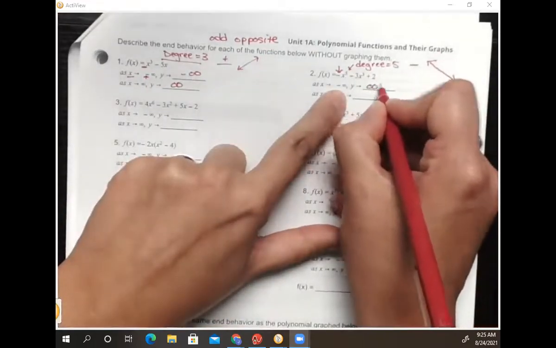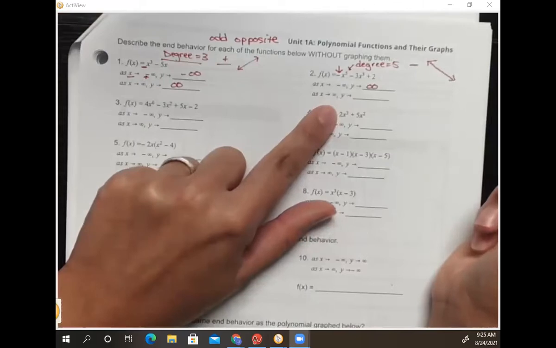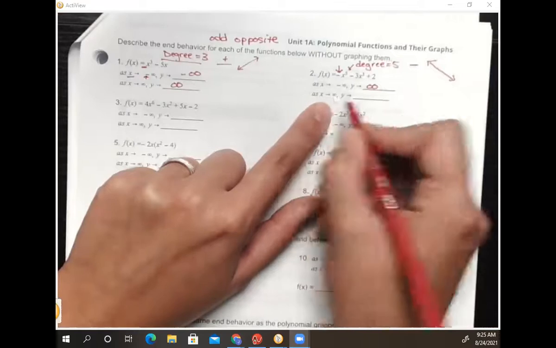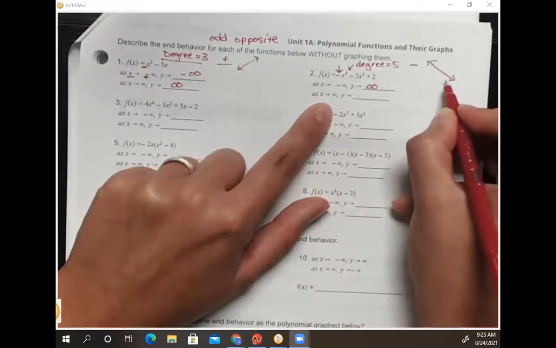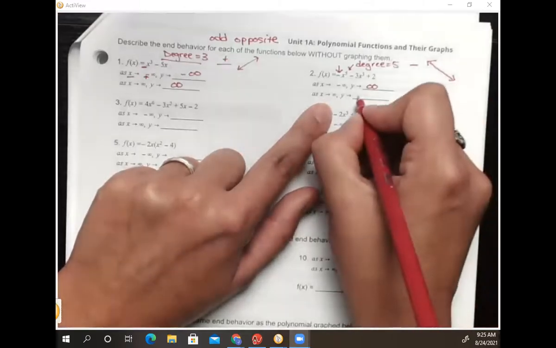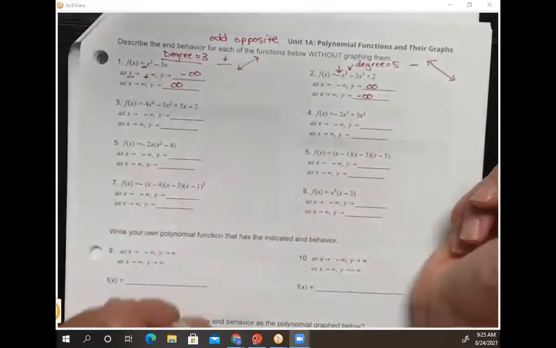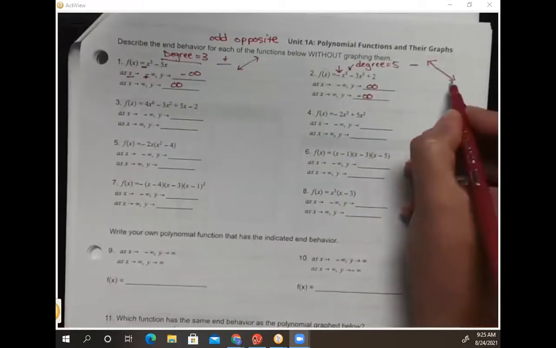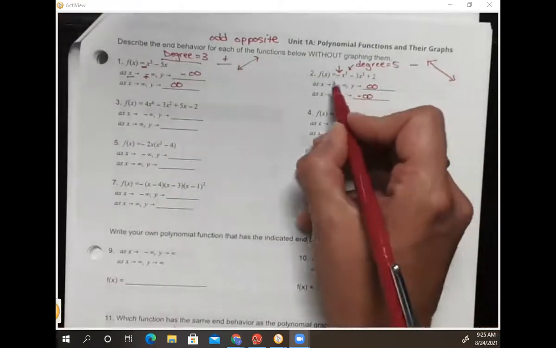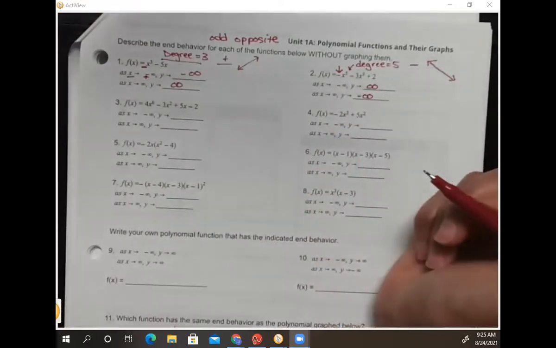So this would be positive infinity. As x approaches infinity, so on the right side, when x is positive, the arrow on this side of the graph is pointing down. So we would say y approaches negative infinity, because my y values get smaller as I continue to the right. Because we have standard form, our degree is the biggest exponent.